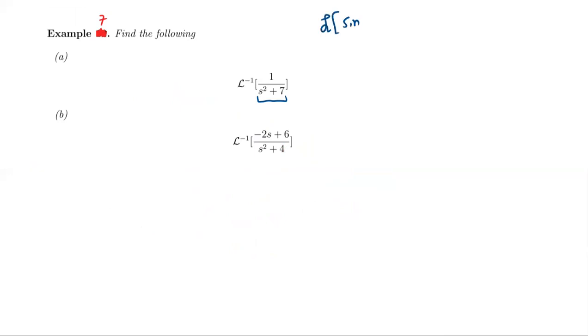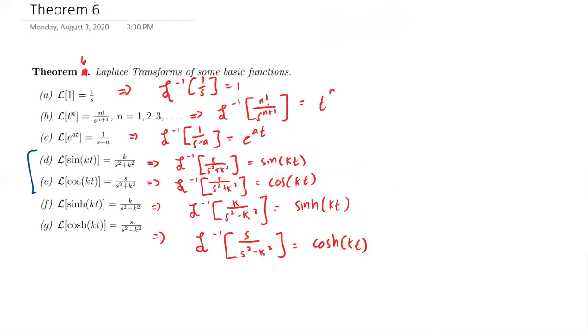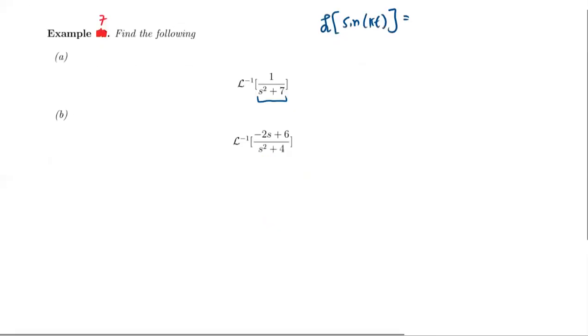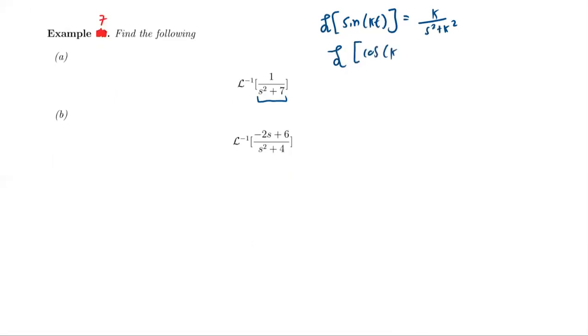The Laplace transform of sine of kt is, I don't have it memorized, k over s squared plus k squared. And the Laplace transform of cosine of kt is s over s squared plus k squared. Remember that k is a constant.